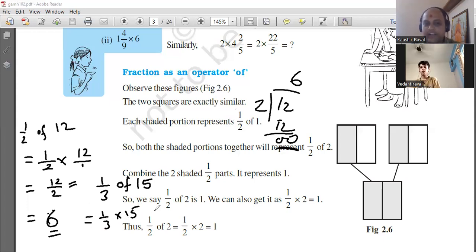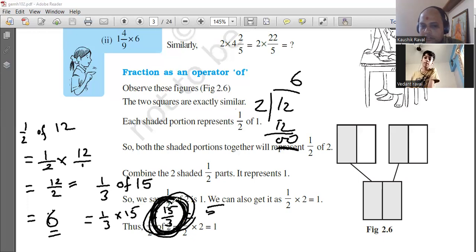What will be the final answer? 5. Yes, you were right. So what exactly are you doing here, 15/3? You are using the table to do exactly what? You are using it to divide, isn't it? So fraction is basically division.